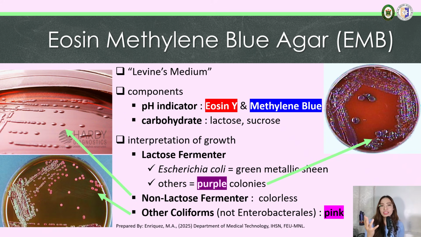But if it is anything other than Escherichia coli, but still a member of Enterobacterales, we would be able to observe purple colored colonies. If the organism is non-lactose fermenter, colorless. But if it is a lactose fermenter, but it's not a member of Enterobacterales, then it would produce pink colored colonies. All right. So basically, the eosin methylene blue agar is a selective and differential medium.